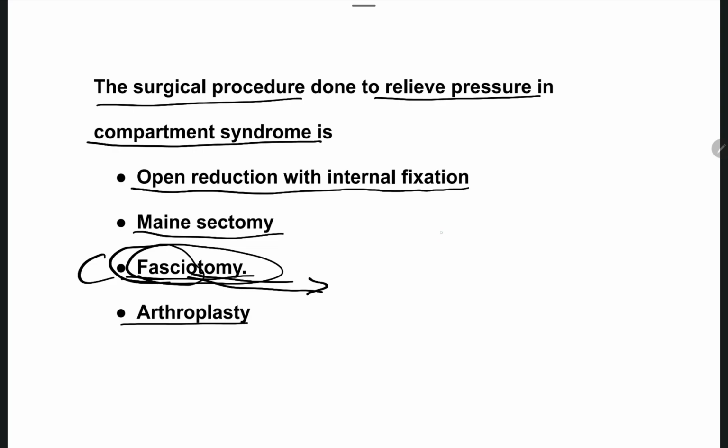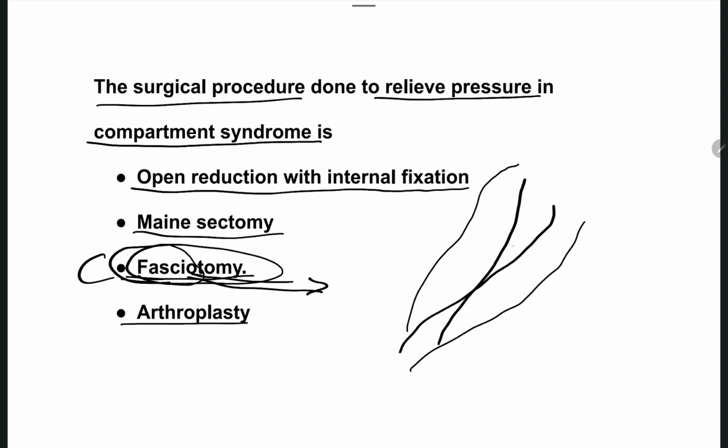So muscle compartment is this: we have a type of muscle here and another muscle over here. The gap between the two muscles is known as the muscle compartment. What happens here is that fascia exerts a kind of pressure on the muscles.